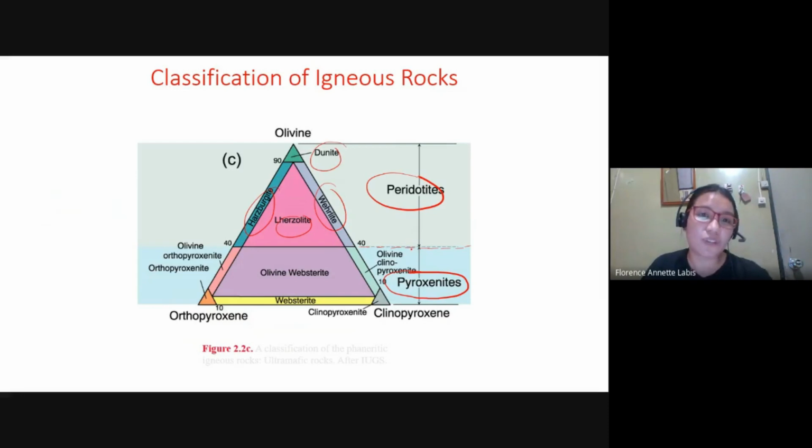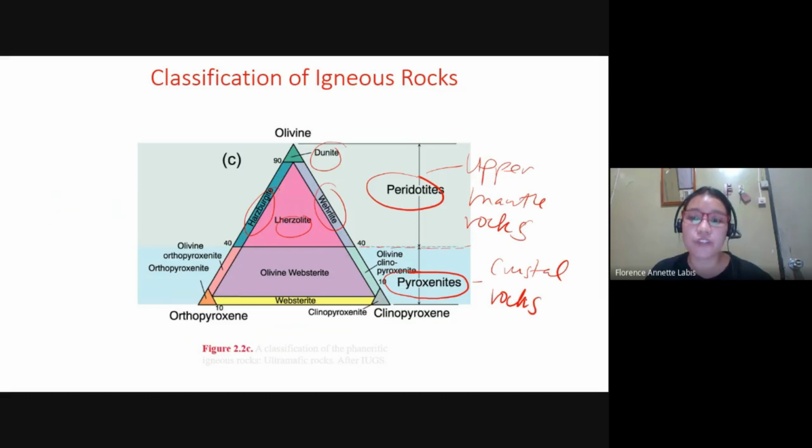This is not only the basis of dividing between peridotites and pyroxenites. When we say peridotites, they are upper mantle rocks, while pyroxenites represent crustal rocks. So you don't expect to find a lot of pyroxenites in the upper mantle. Usually they form at the crustal level, while the peridotites are upper mantle rocks.